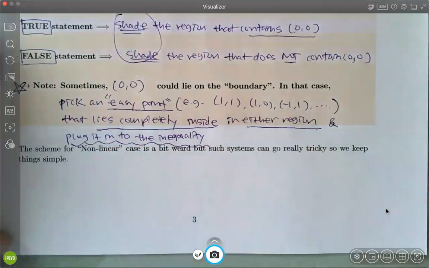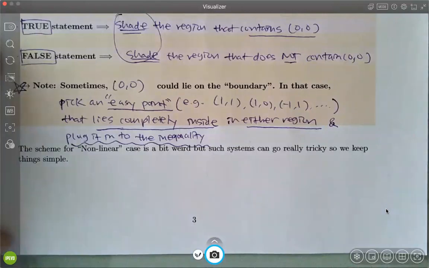So exact same scheme, but the only difference is what? We are not dealing with just lines this time. We may see non-linear cases, such as parabolas, circles, and exponential curves and things like that.